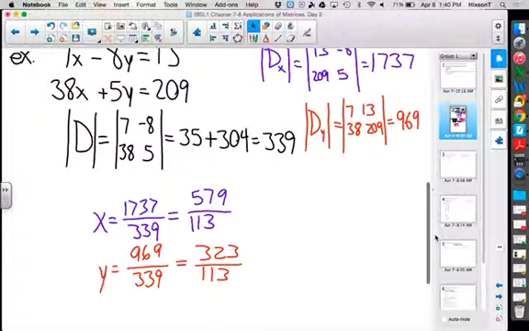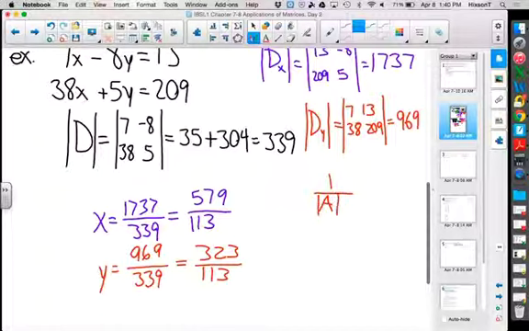So no matter what the numbers are, no matter what the system is, Cramer's will work. And using the switching the sign and switching where in DNA? No, that's when you're solving using the inverse of a 2 by 2. If you remember, the inverse of a 2 by 2 matrix included the determinant.